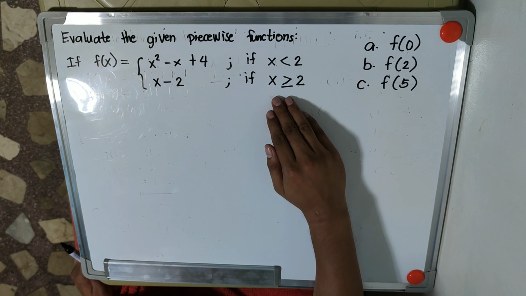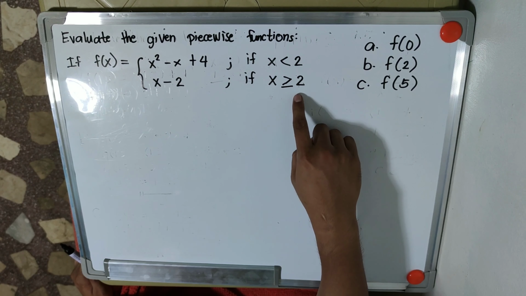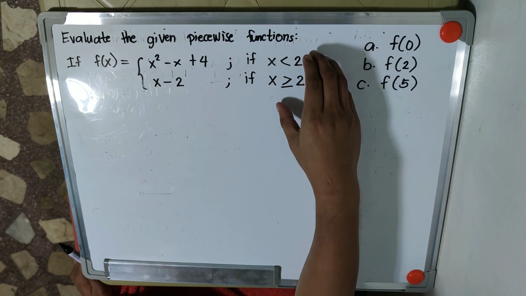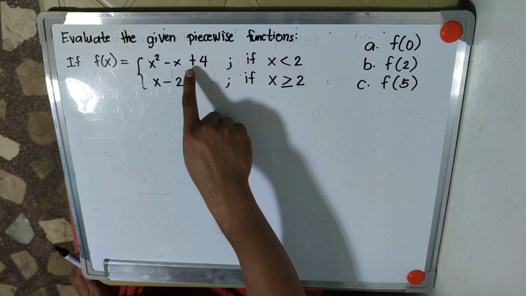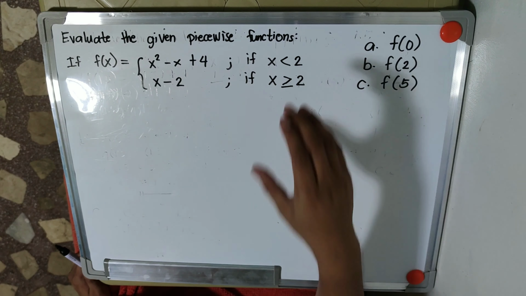Okay, listen. This part, the x less than 2 and the x greater than or equal to 2, this is what we call the condition. Condition meaning to say, we are going to use this equation if their condition is being satisfied.